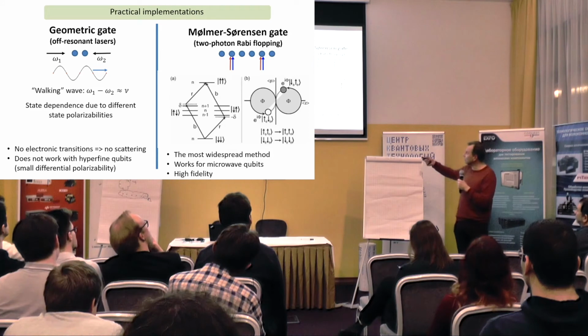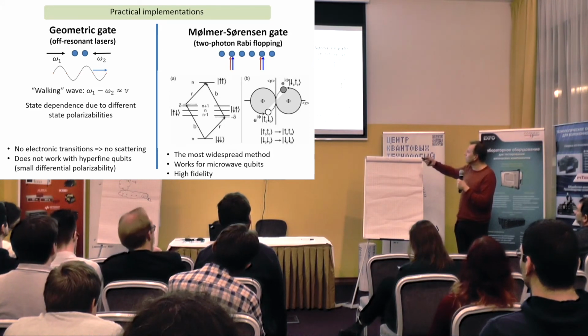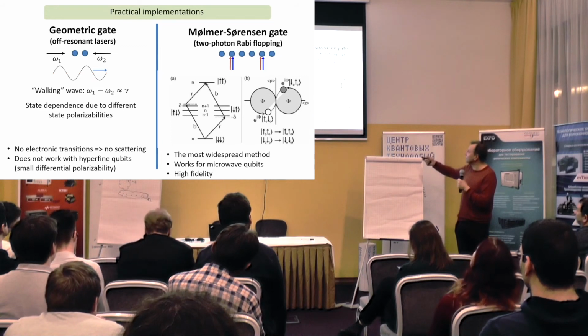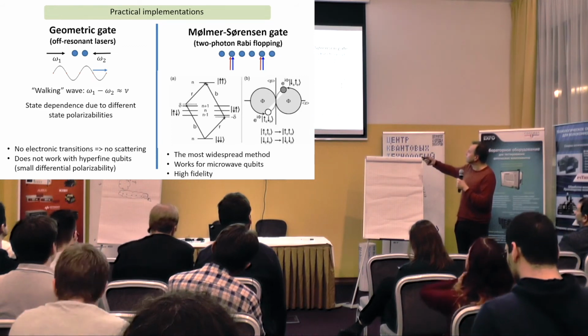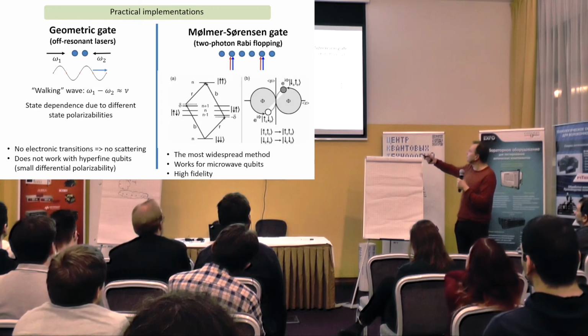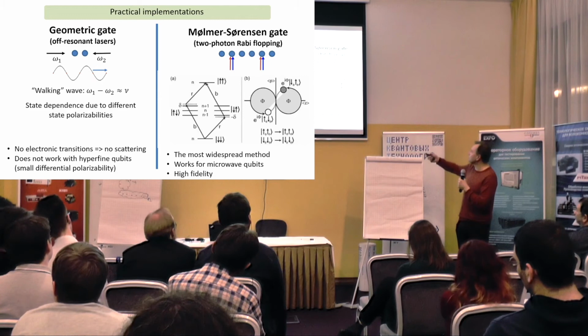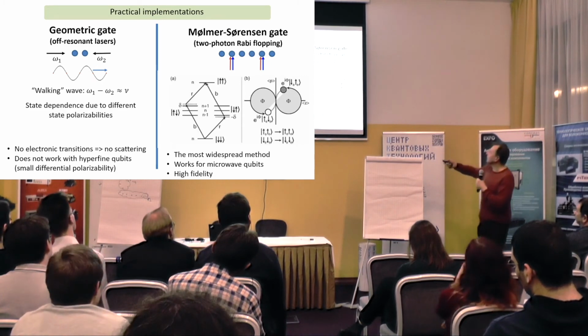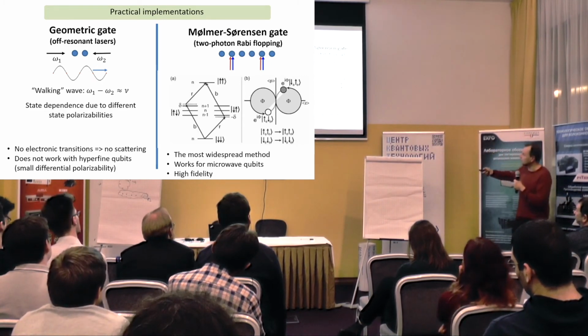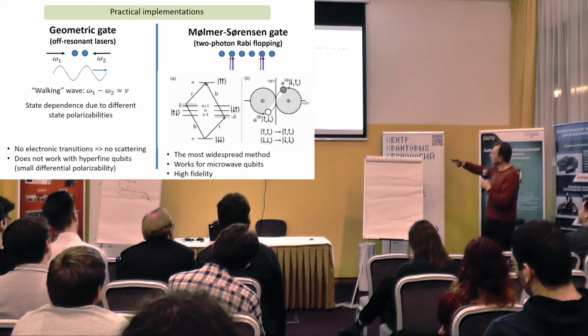So you need two laser beams with a detuning from some needed state by delta. So this is blue detuned, red detuned, and you can excite the upper state in two paths, either this path or this path, depending on the situation.